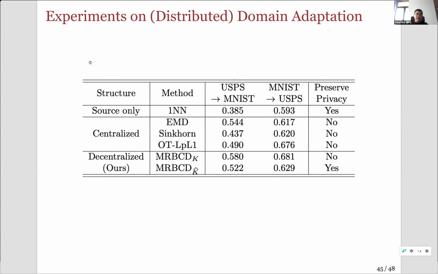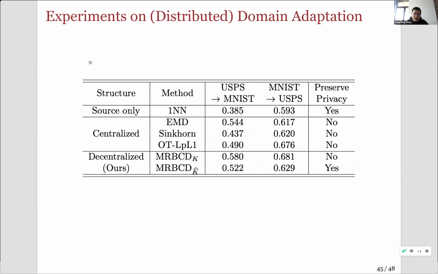We can find that we combined with some existing optimal transport algorithms and also the centralized ones. For the centralized ones, we involved the EMD and Sinkhorn, and also some other SOTA methods, OTLPL1, and then compared with our decentralized method, the MRBCDK, and also we introduced the approximated kernel matrix K hat.